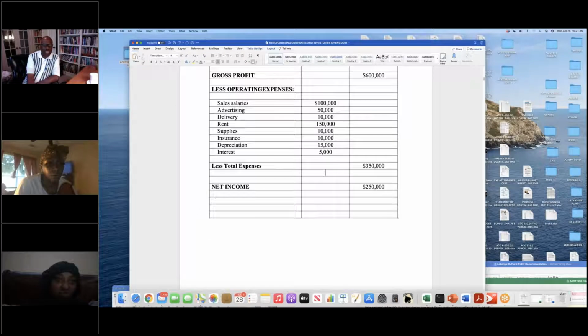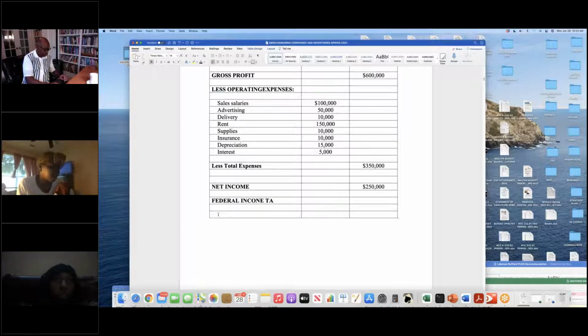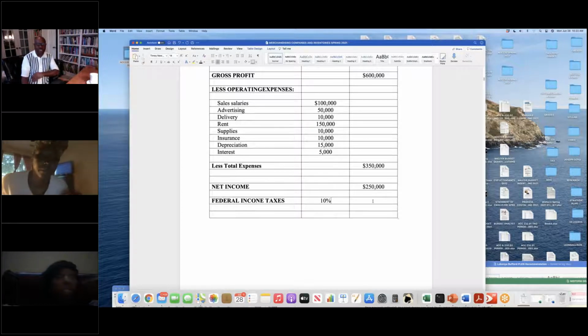Once we have our net income, then we have our federal taxes. And it could be state also, but I'll just put federal income taxes. And if we've got a 10% rate, then our taxes are going to be what? $25,000.